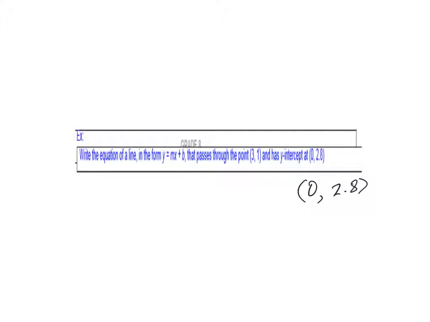Then of course this is 3, 1. Now you think about what this means here. Remember, this would be our y-intercept. So go ahead and stop it, come back and see how well you fared.